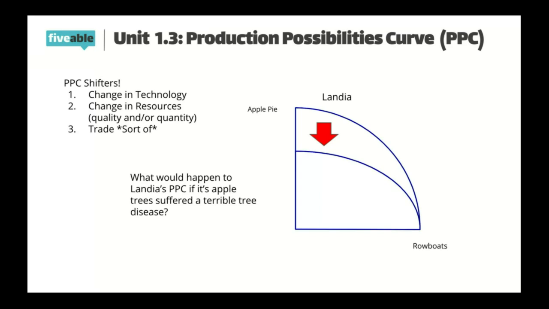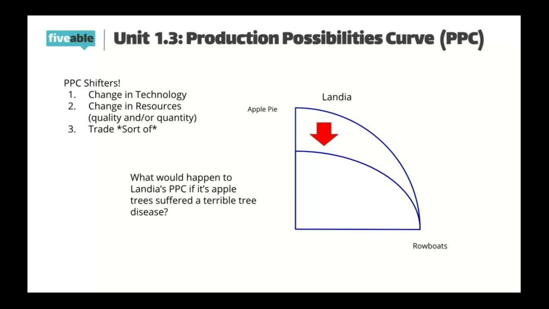Now, I want you to think, what would happen to Landia's production possibilities curve if apple trees suffered a terrible disease? Well, it's not that there aren't apples available. There's just not as many trees to make the apples. It's not that people are leaving apples on the tree, or that people are just unemployed.